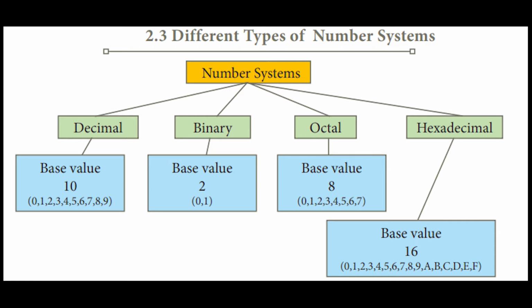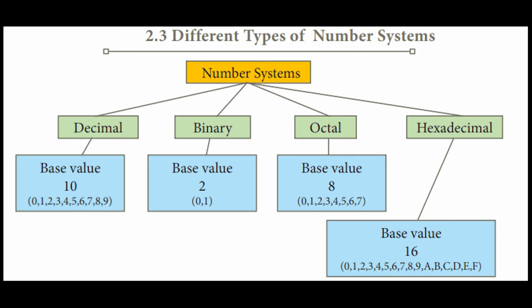Each number system is uniquely identified by its base value. That base value, we'll say it as radix also. Radix or the base means the count of the number of digits in each number system. We saw the base value, right? This is the general idea behind positioning the number system.